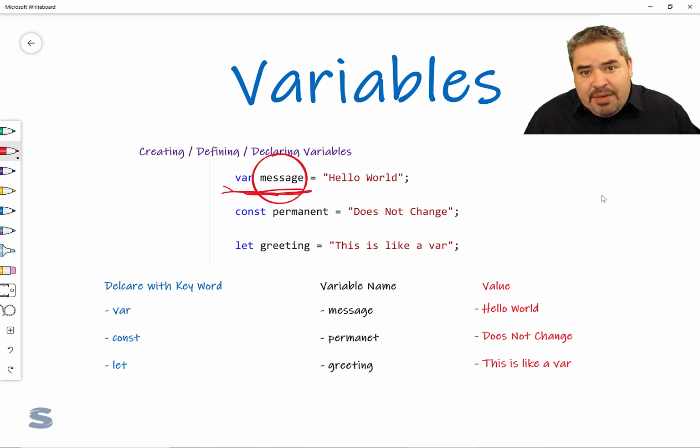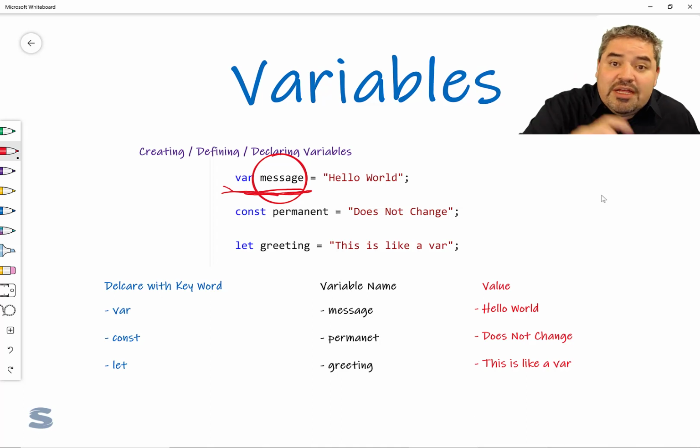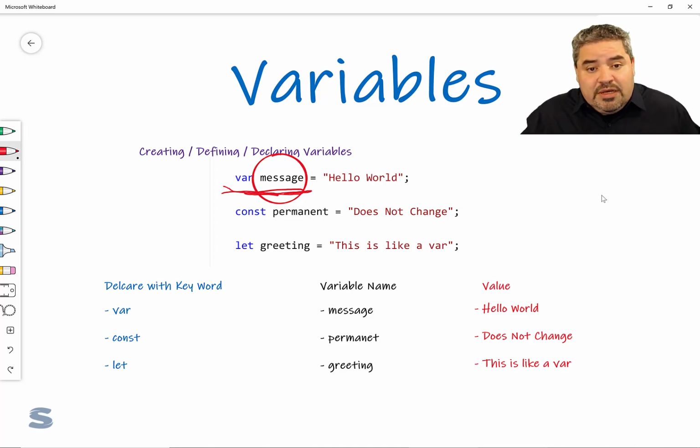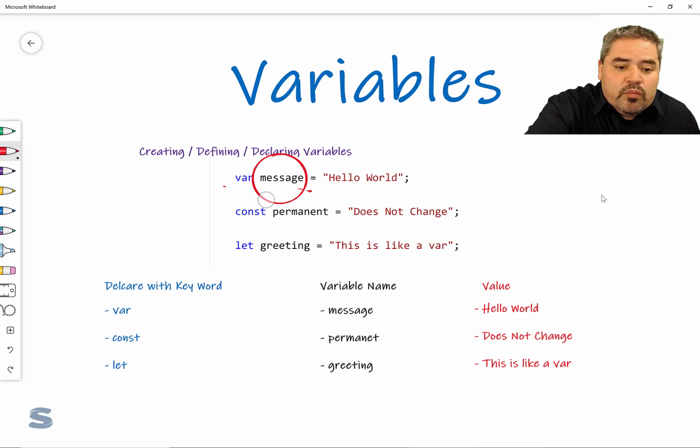I need to store my pet name. I need to store maybe a collection of strings, not just one string. Oh, that means I need an array. So maybe I have a list of messages. So instead of message singular, I might call it messages because I want to signal that I have multiple messages in play.